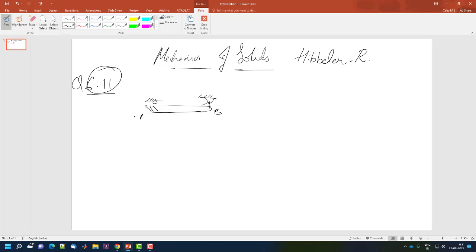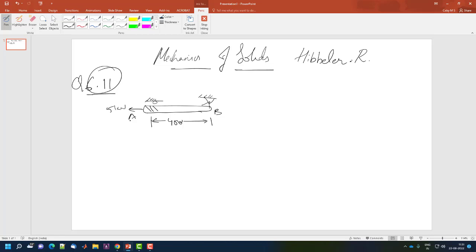This is B, this is A. It's 400 mm as they have mentioned, and a 5 kilonewton force is being applied. Okay, so I hope that is clear to everyone.